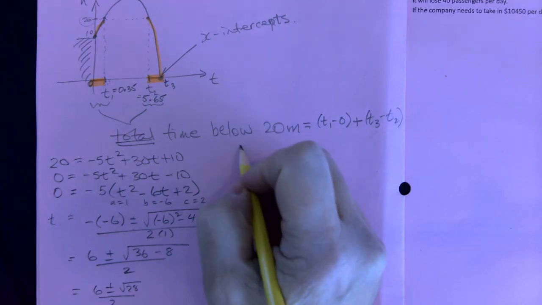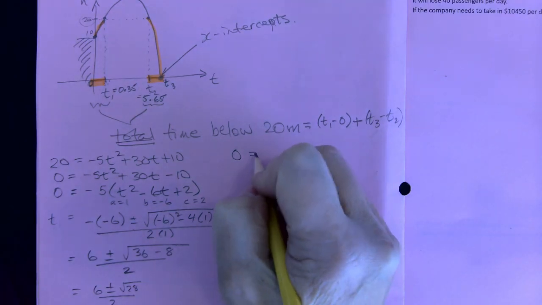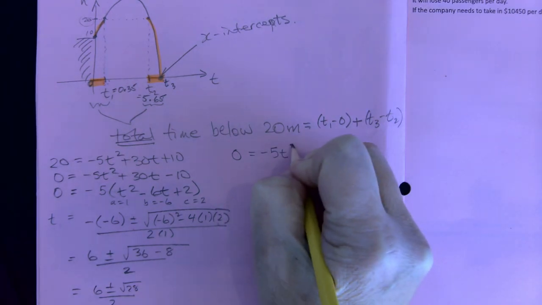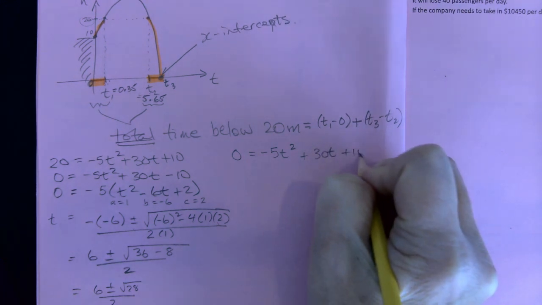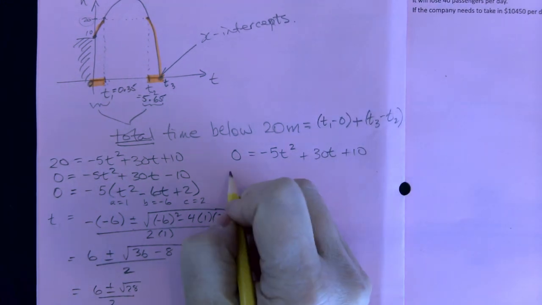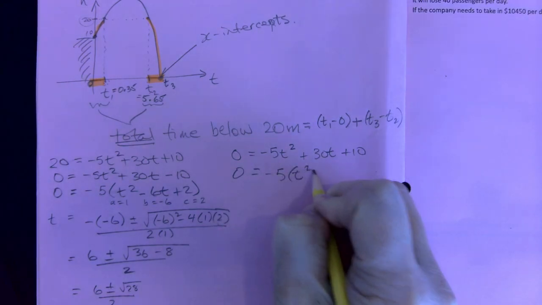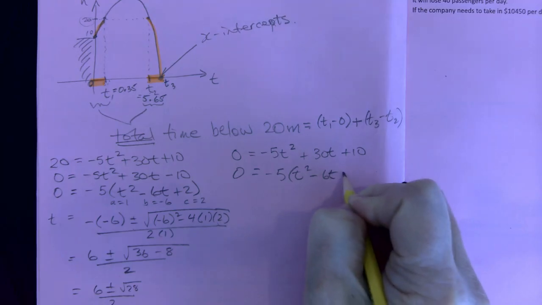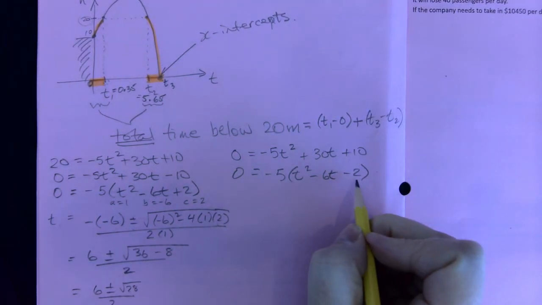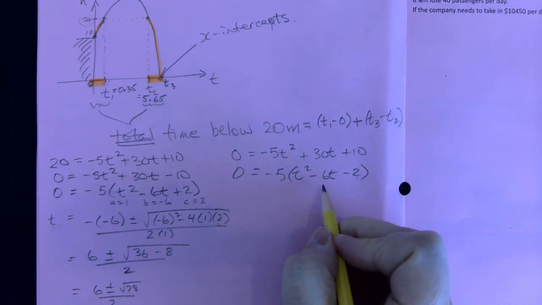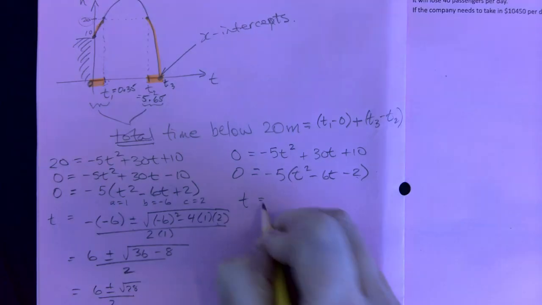Okay, so let's set y to 0, or in this case, h of t equals 0. Factor. Which we already did last time. And since nothing multiplies to -2 and adds to -6, we'll go right into quadratic formula.